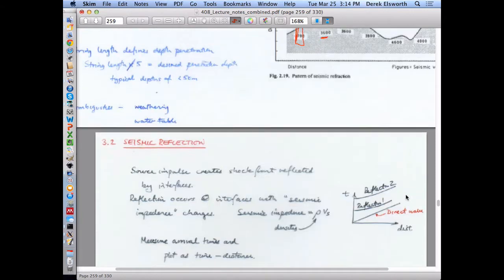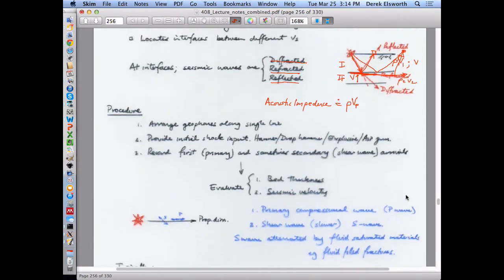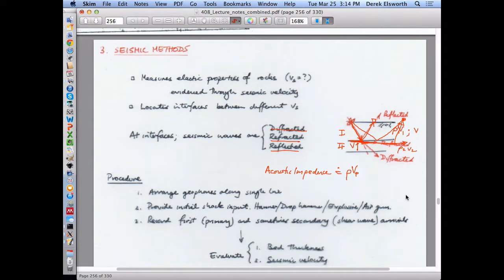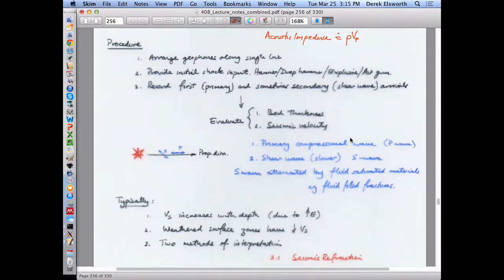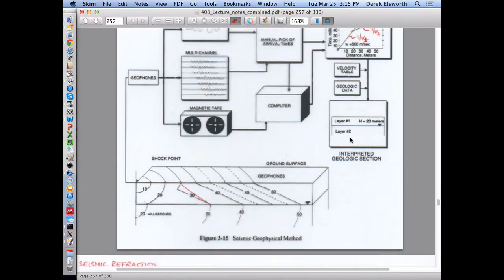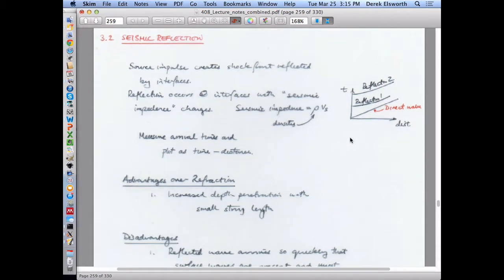The reason for that was that if you're using it for looking at relatively short travel times, say working at maybe only a depth of 10 meters, the travel time to go down to this layer and come back is so fast that it's tough to discriminate between the first arrivals. And so typically it wasn't used there. But I think the equipment now is good enough that seismic reflection is also used in very shallow investigations again.